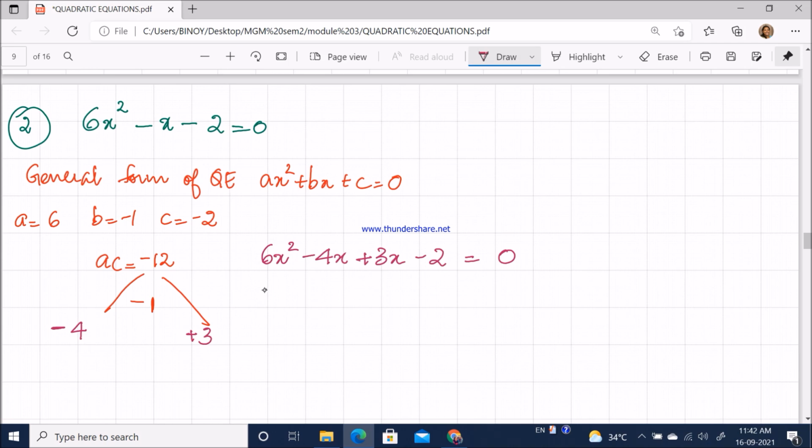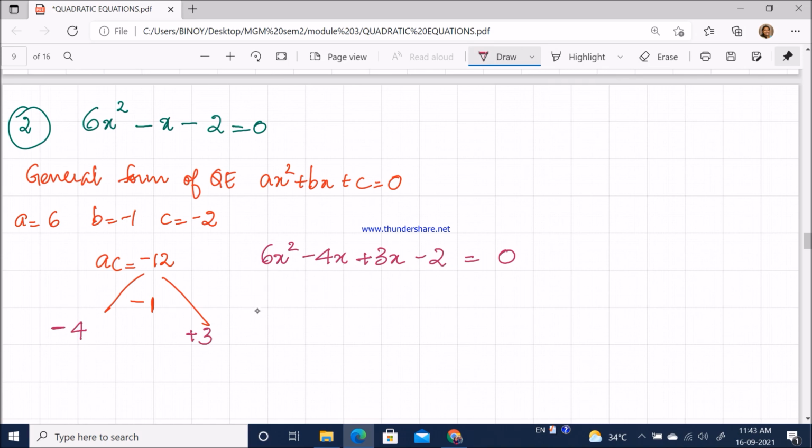So I'll take 2x out. So 6x square minus 4x plus 3x minus 2.